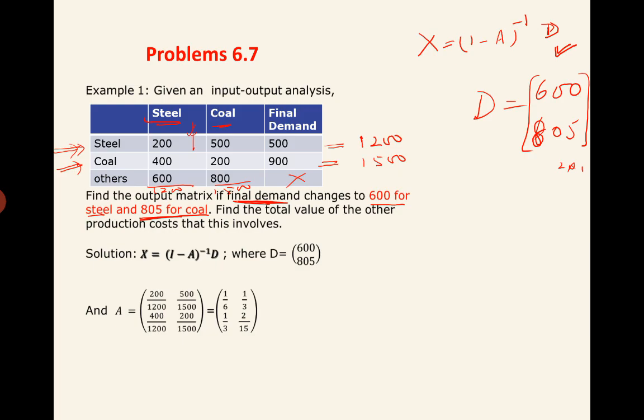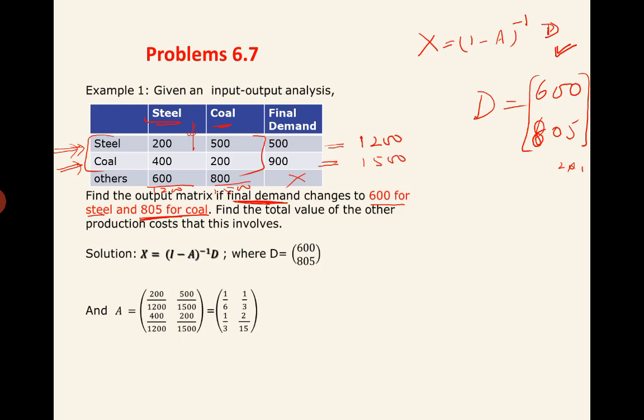As only 2 industries are involved in the closed model, we find the ratio matrix, which is the coefficient matrix. We divide every entry for steel, coal and other sectors by its column total.